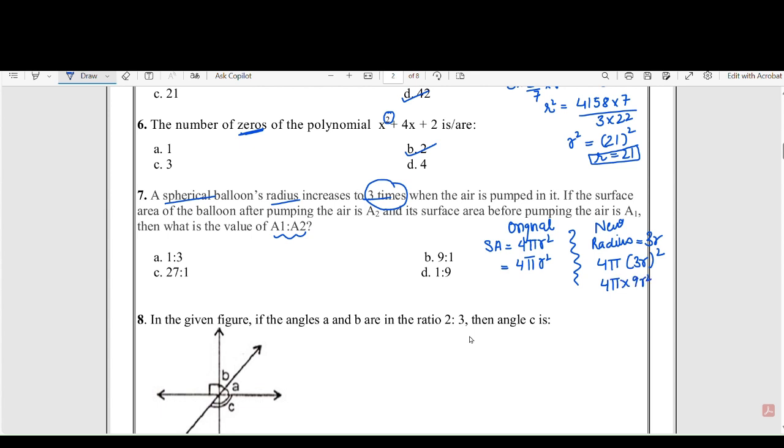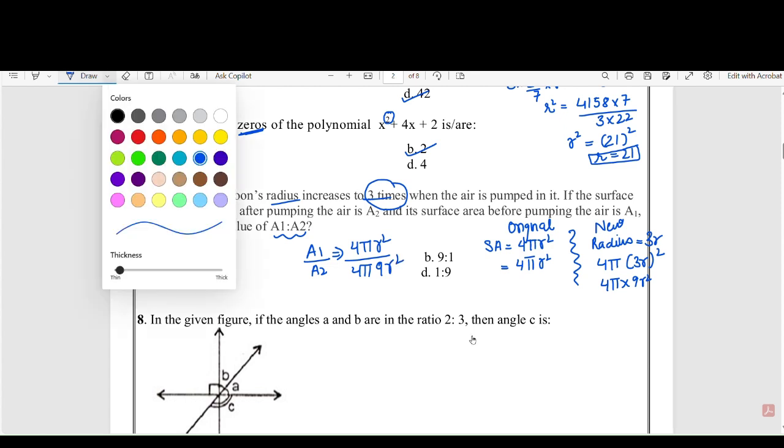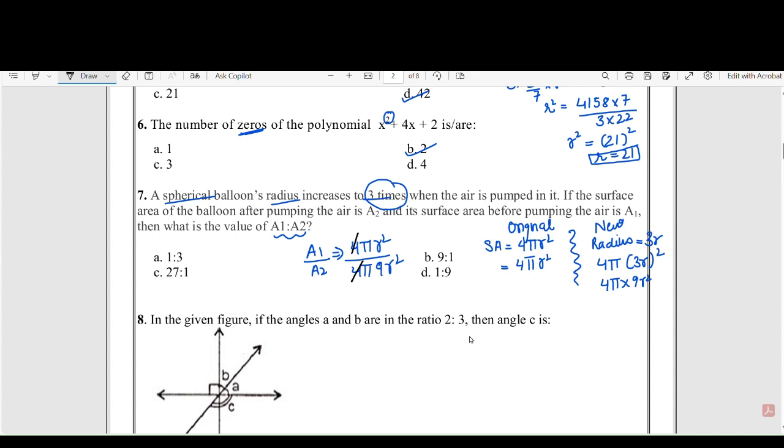Now you can find a1 upon a2, which is 4 pi r square upon 4 pi 9r square. Wherever it's possible, cancel 4, cancel pi, cancel r square. Hence 1 upon 9.